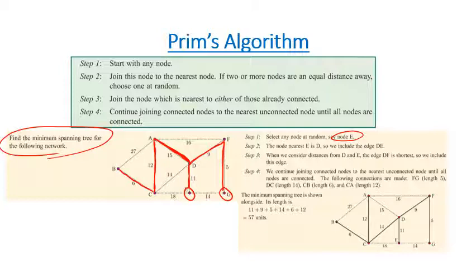If we add all those together, we've got 5, 9, 11, 15, 12, and 6. That's going to give us 57 units. Our spanning tree looks like this, where we've connected all the nodes, but we don't actually have a circuit in there.